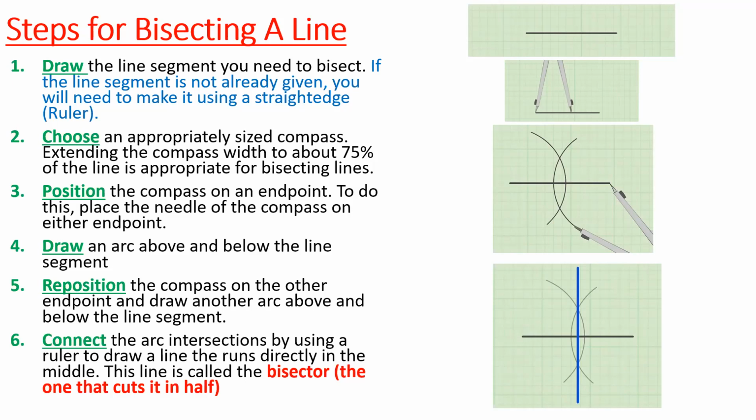Where's Mila? Mila, you understand how we are gonna bisect this line? Yes, sir. Okay, when we say bisect, what does that mean? Bisect means to cut it off. Walk us through how we're gonna bisect a line, Mila. Yes, sir. So the first step is you have to draw the line segment, just the line that you need to bisect. Then you have to use the compass, opening it to the right size.